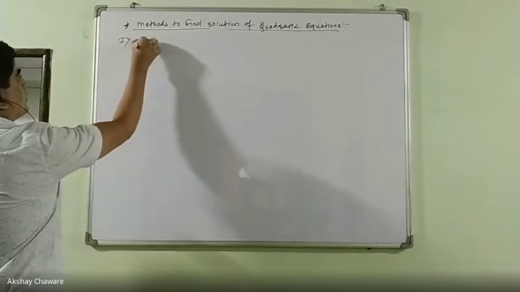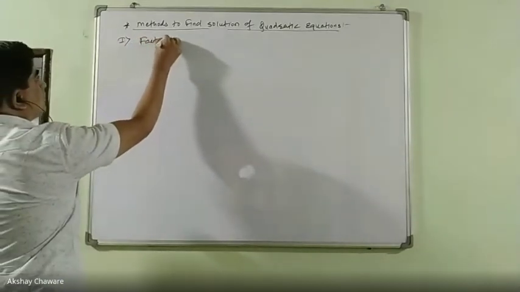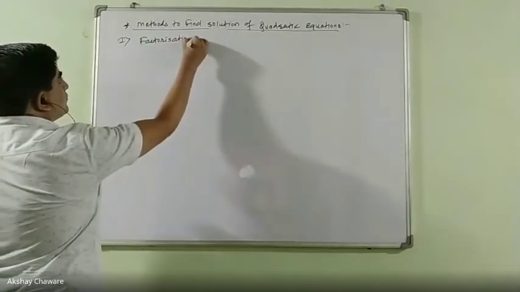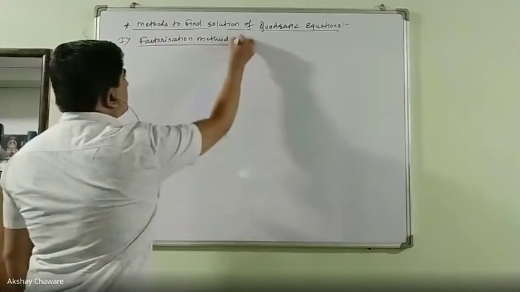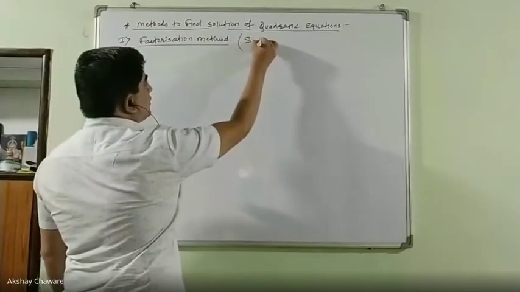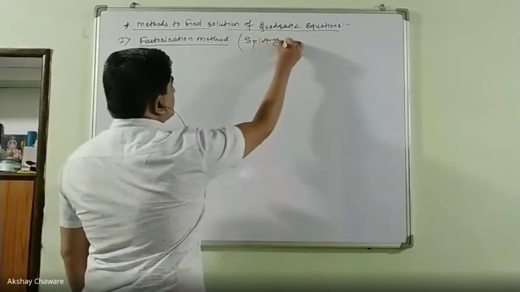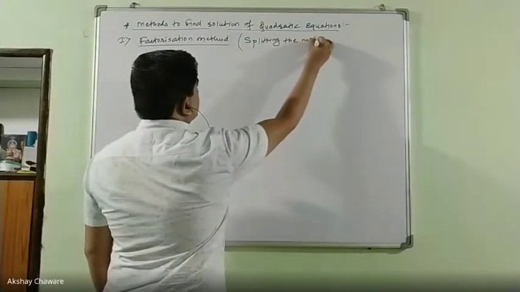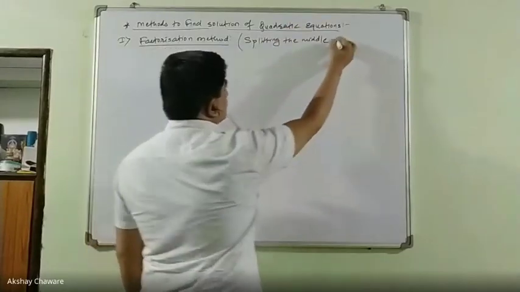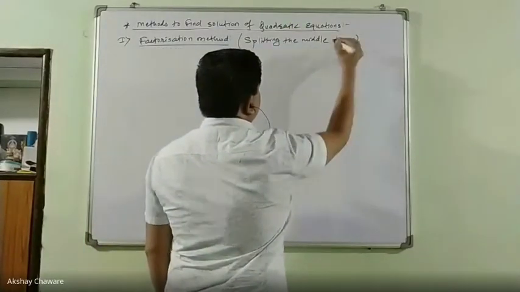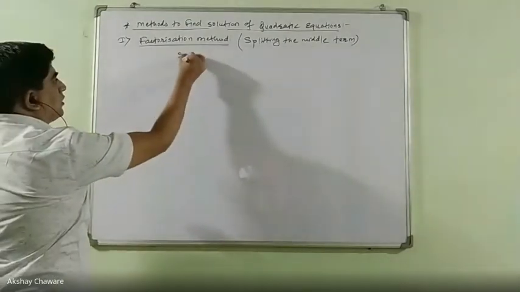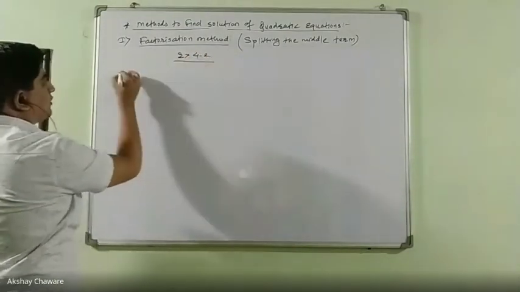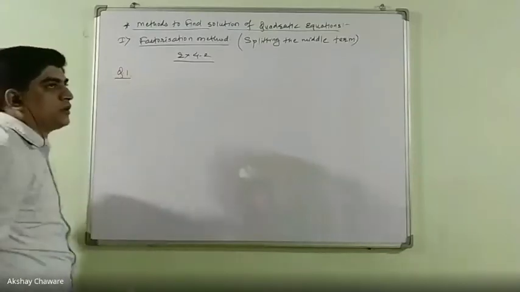The first method is nothing but the factorization method. Factorization method is nothing but splitting the middle term. And then we will start our exercise 4.2, question number 1.